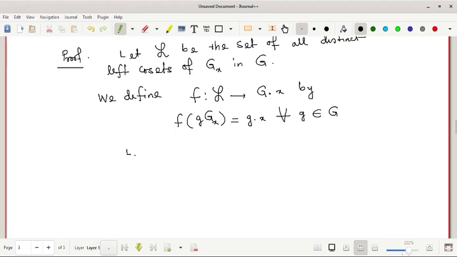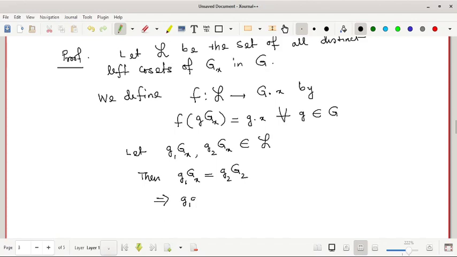Let g1 Gx, g2 Gx belong to script L. Then g1 Gx is equal to g2 Gx implies g1 inverse g2 belongs to Gx, right?